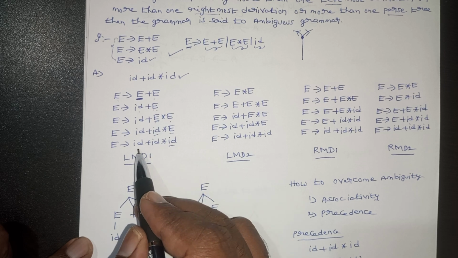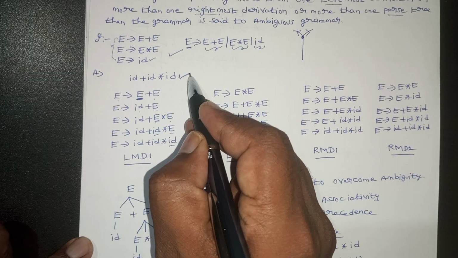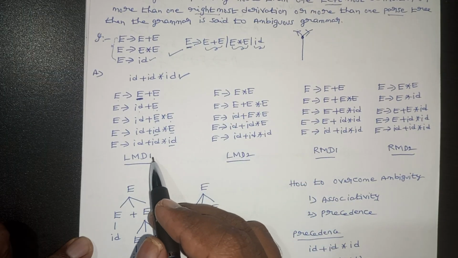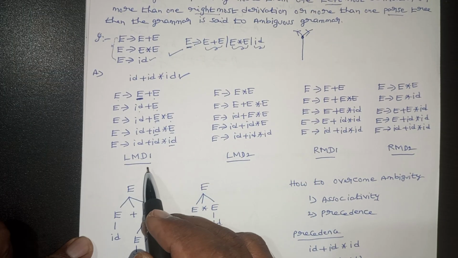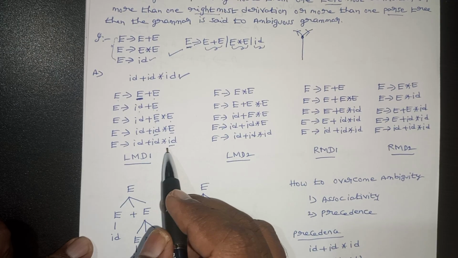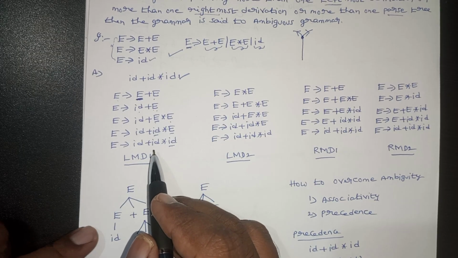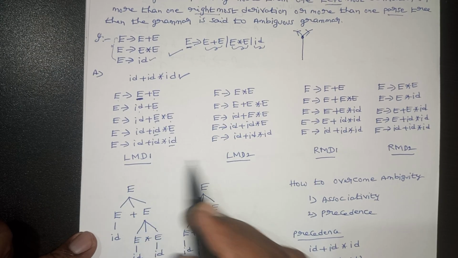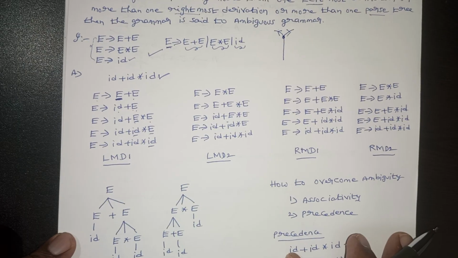Now I got a string. I have derived it using leftmost derivation: ID plus ID star ID. Actually, what is the ID here? It is an identifier.